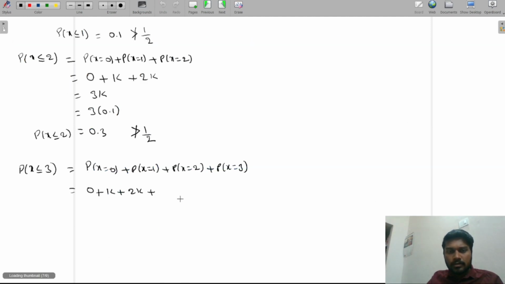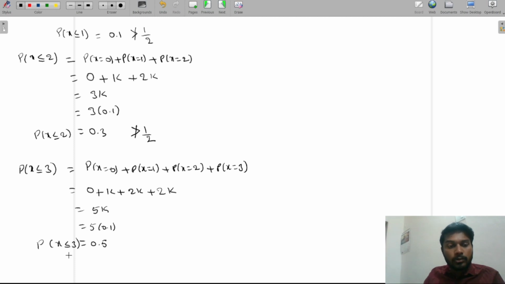So adding all this, I'm getting 5k. What is the value of k? 0.1. It becomes 0.5. See, this is the result at k equal to 3, 0.5. Will you say this exceeds 1/2? Tell me. No, right? It is not greater than 1/2. It is 0.5, I mean it is equal to. So again, at k equal to 3 the condition fails.